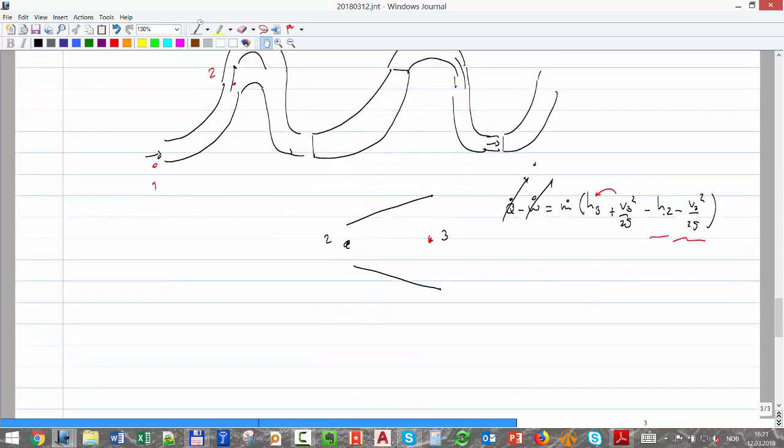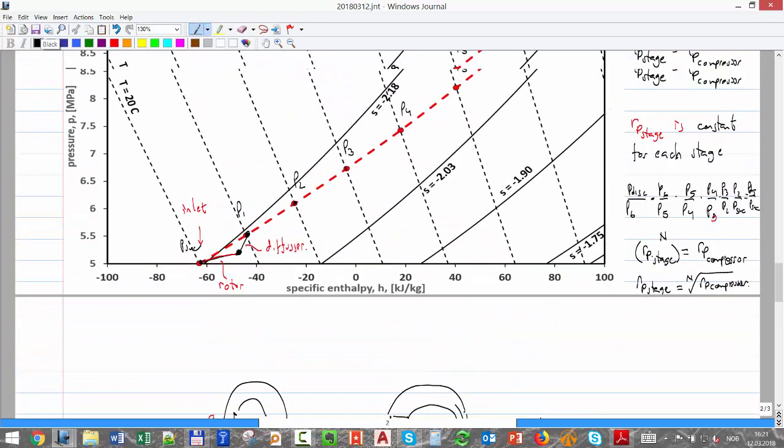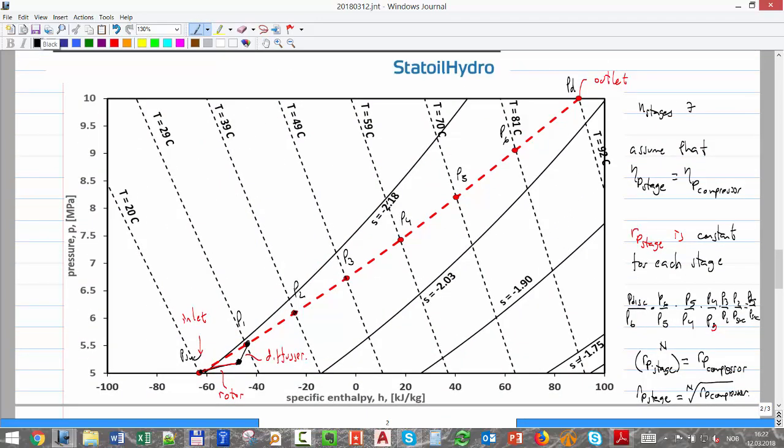So one thing before we leave this graph: how do we calculate the power required by the compressor, the real power? It will be just the difference in polytropic head.